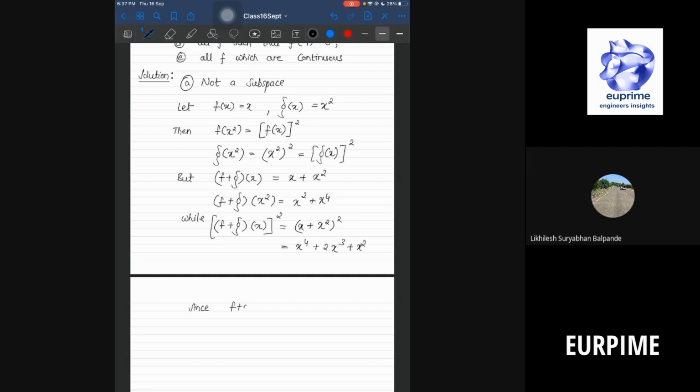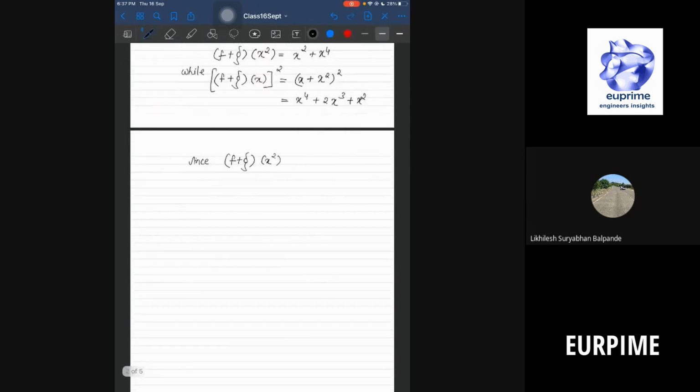Since f plus g of x square is not equal to f plus g of x whole square, the condition does not hold and this is not a subspace.